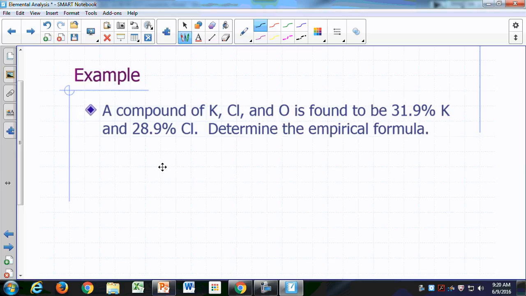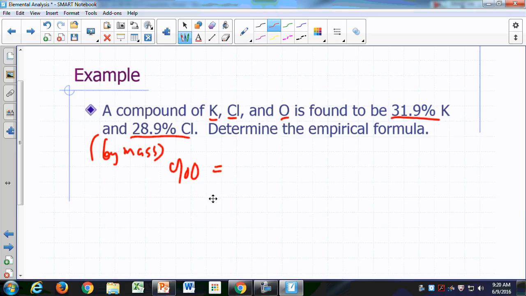Let's say you have a compound, and you found out that it's made up of carbon, potassium, chlorine, and oxygen. And it's 31.9% potassium and 28.9% chlorine. These percentages are generally given by mass. So what's the percentage of oxygen?